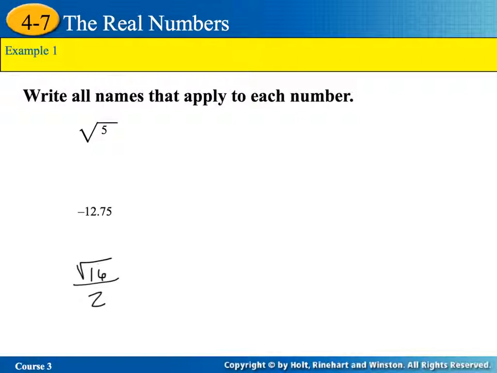Know real numbers and the set of all real numbers. So rational numbers, integers, whole numbers, and irrational numbers. Now, it says, write all names that apply to each number. So if you look at that, the square root of 5 and -12.75 and the square root of 16/2, come up with what classifications these numbers are.